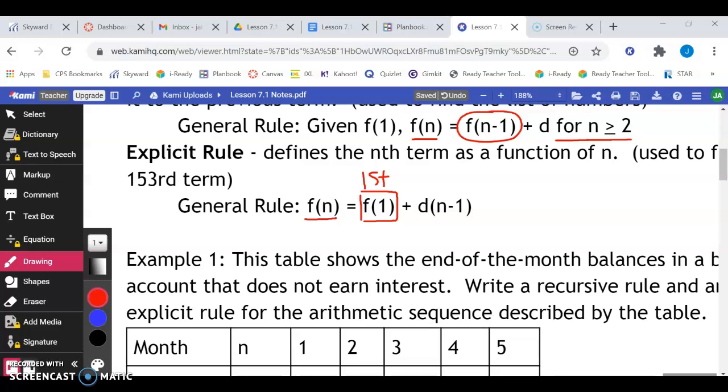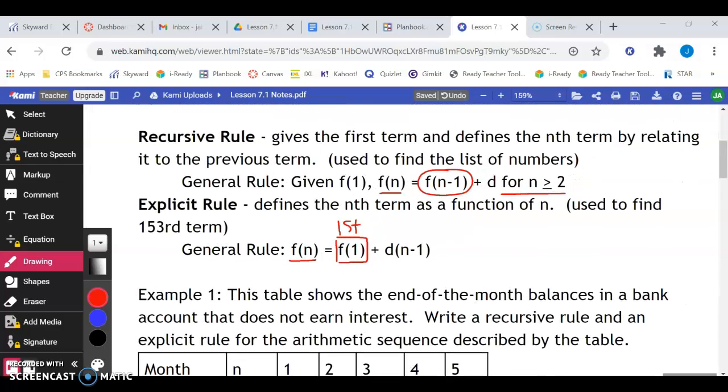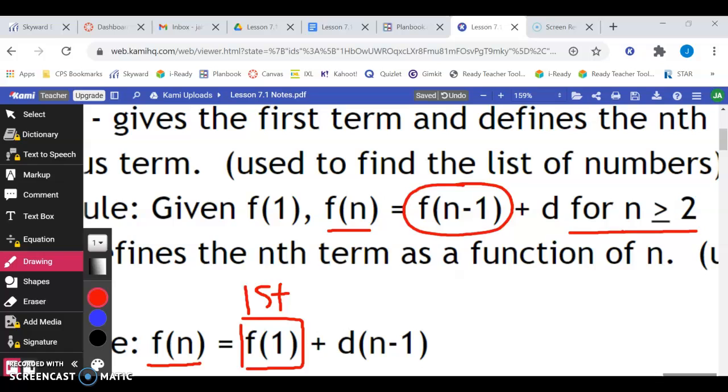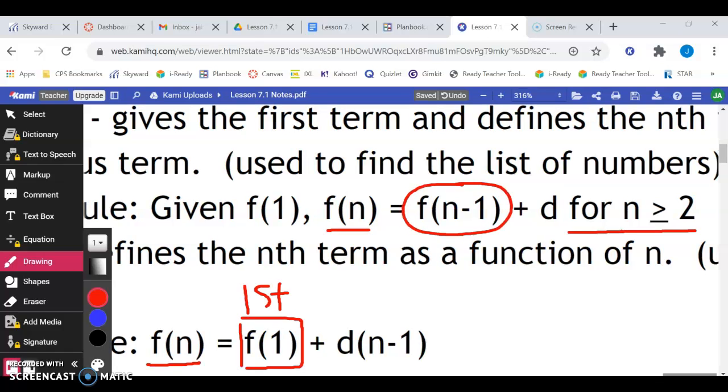Okay, so the explicit rule is pretty simple there. Once you figure out what you're adding or subtracting, we just plug all of that in and we have our rule. So let me go back up here and label this. The f of n minus 1 in the recursive rule is the previous term.